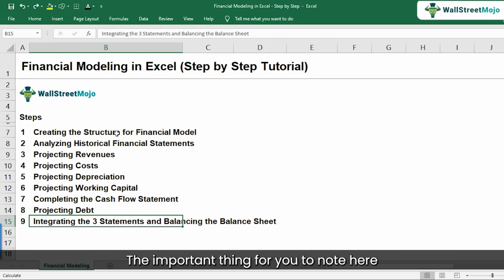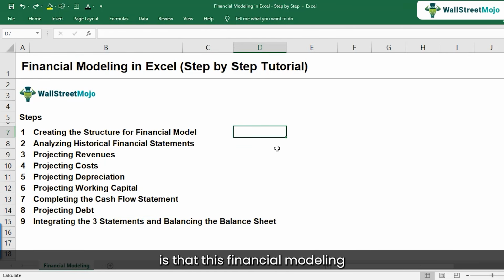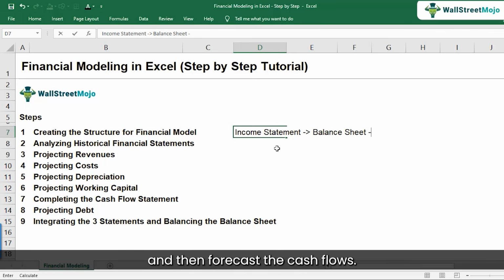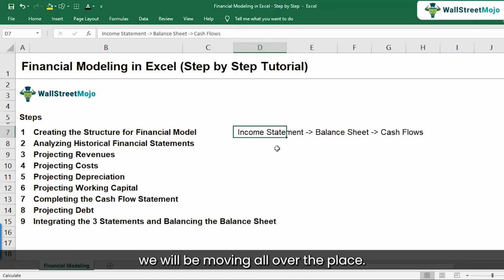The important thing for you to note here is that this financial modeling is not a linear approach. A linear approach would be that you first forecast the income statement, then go to the balance sheet, and then forecast the cash flows. In fact, here we will be moving all over the place.